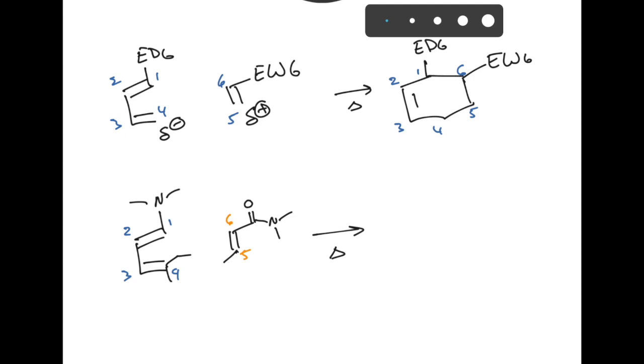That means that carbon 4 is going to be negative. Which carbon's positive? 5. So these are going to react just like I have them drawn. Carbon 4 is going to bond to carbon 5.